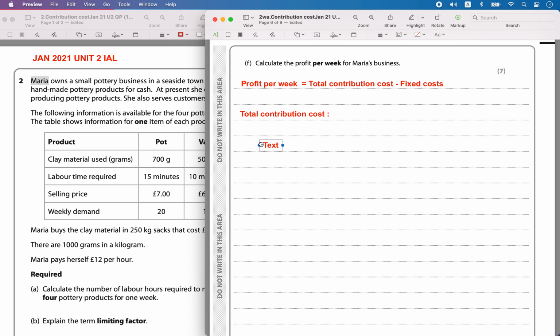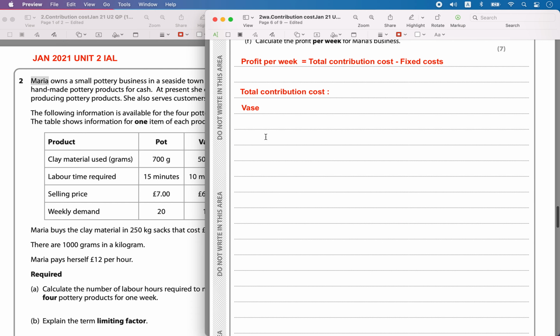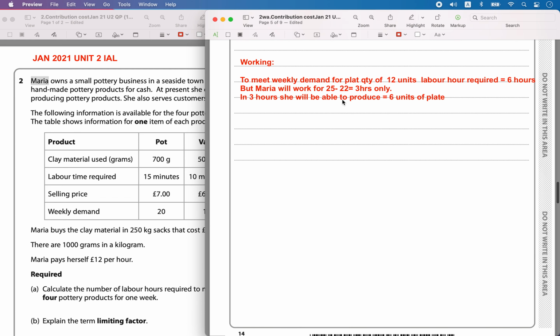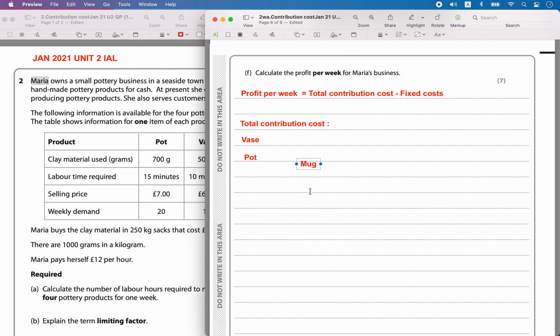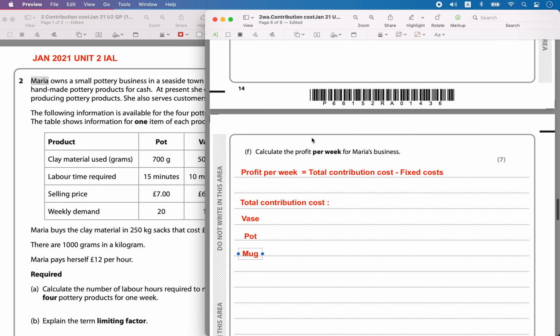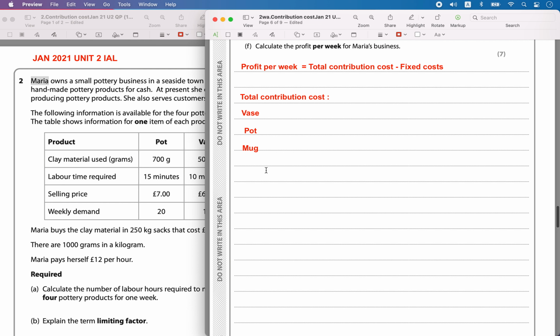Now, what are the products? The first product we are making is the vase. In the order of production, the first one is the vase, then we have the pot, the third product is the mug, and then the fourth product is the plate.